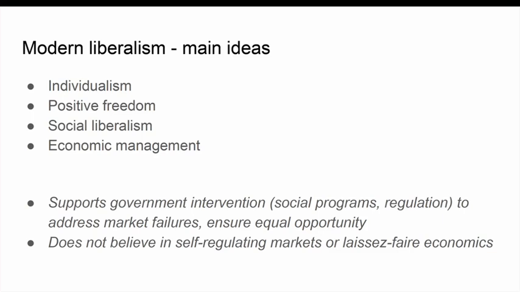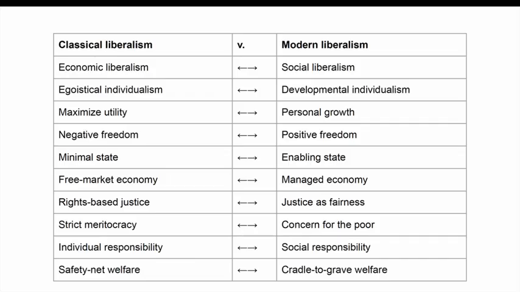And so that's where the government needed to play a much more prominent role, right? We're still talking about freedom, we're still talking about individuals, but there's a different view of the role of government in helping individuals become more free. And so here's some tensions between the two.